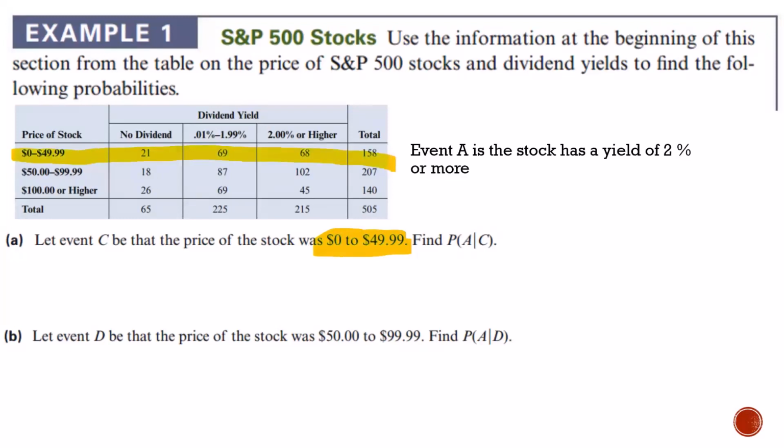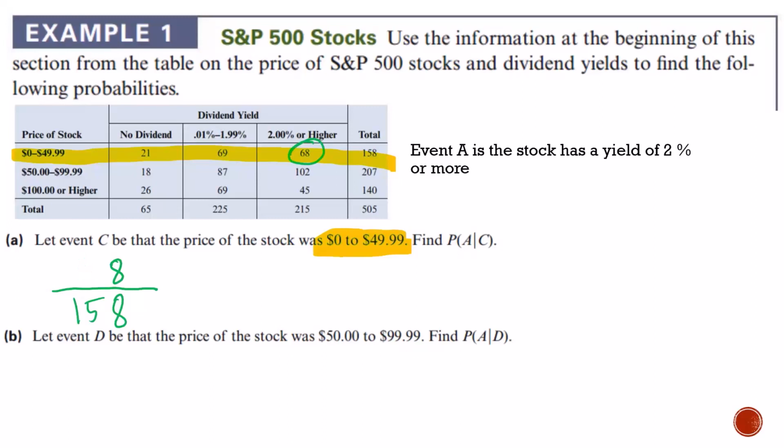So since I'm in the top row, what must be the denominator of my fraction? 158. Now I want to know what's the percent that has a yield of 2 or more? Of those 158, how many have a yield of 2 or more? That's it. That's all you have to do to read this.